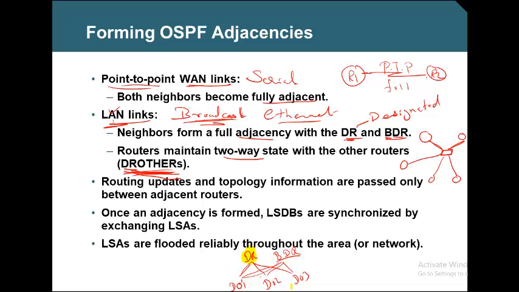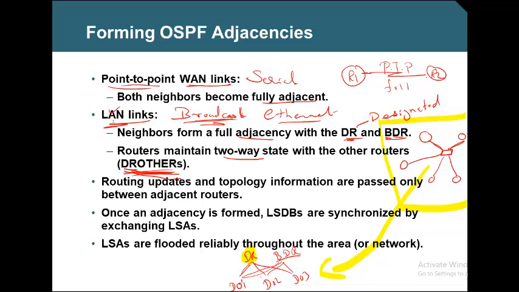See, I want to repeat again, this is a LAN environment. We are talking about this, connecting routers through switch. Among this 5 router, 1 router is elected as designated router. Another one is backup designated router.